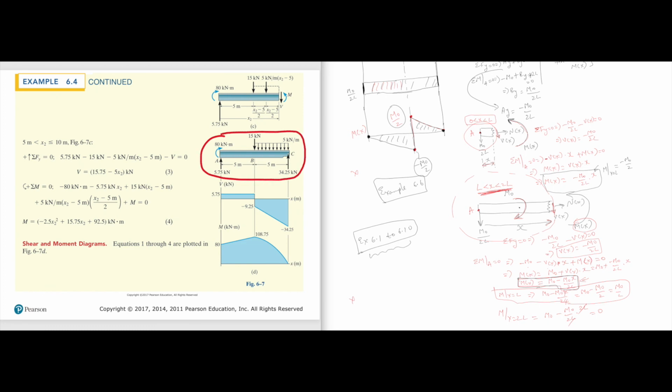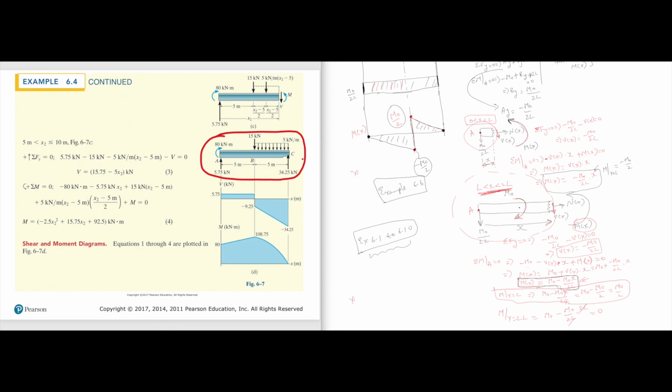So for this loading, where would the maximum bending moment occur? Would it occur here? Because you see, you have an external moment of 80 kilonewton meter acting. That's why on the bending moment diagram, you have an 80. Do you know where the maximum bending moment will occur in this beam AC by looking at the problem? No, you can't.